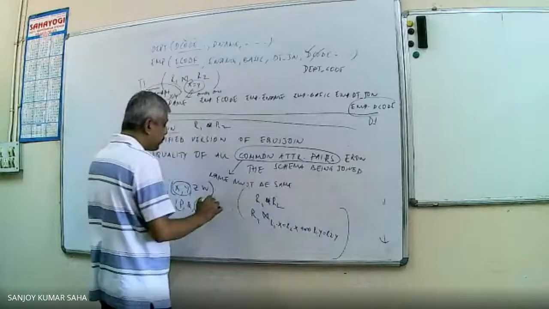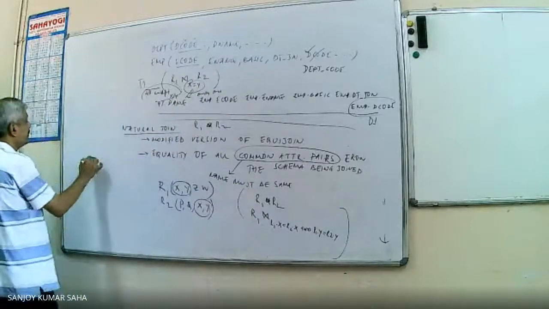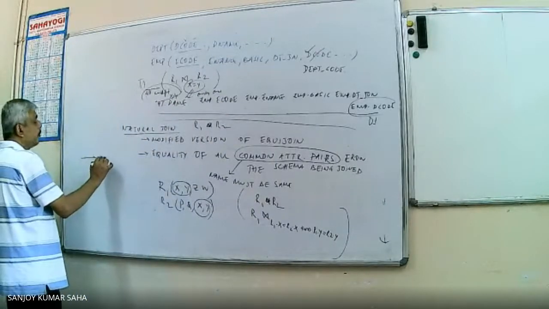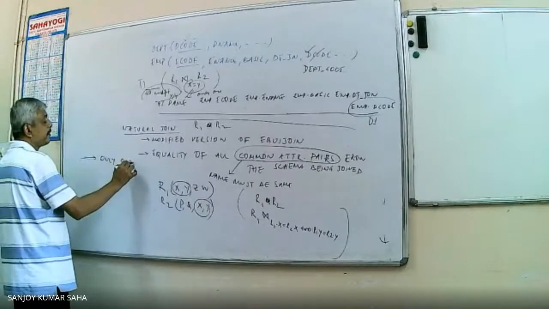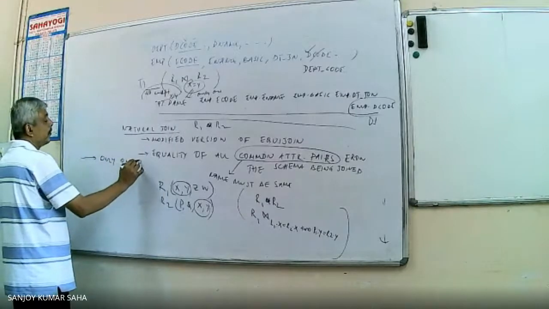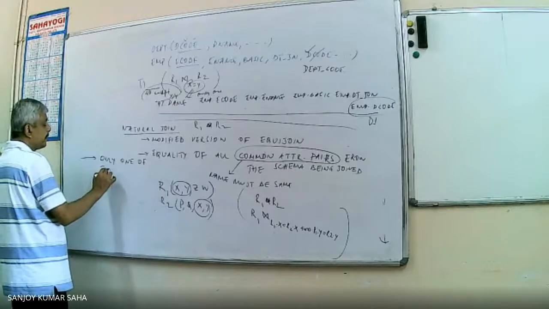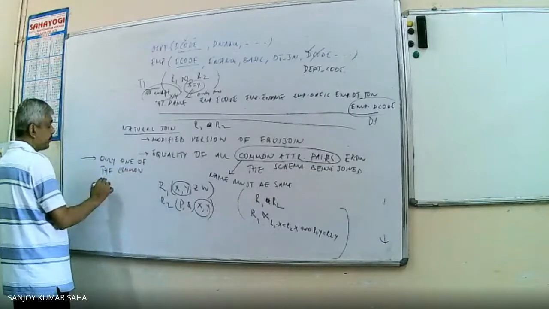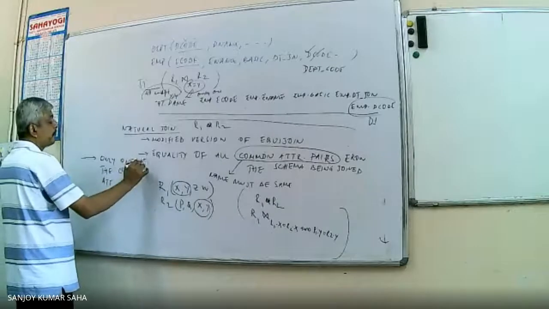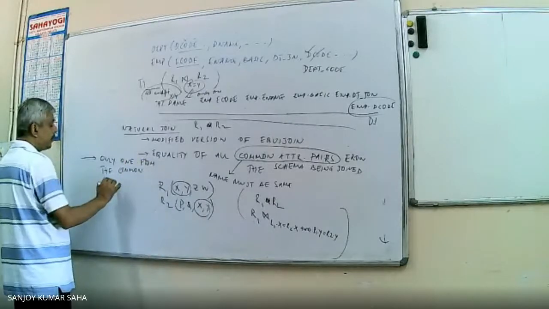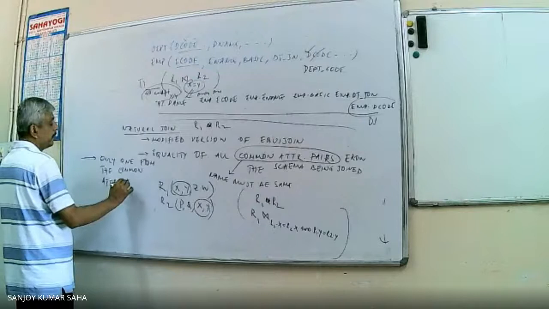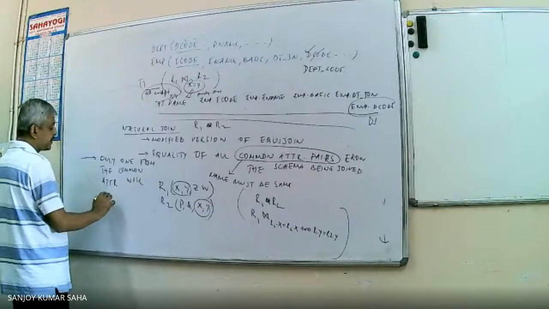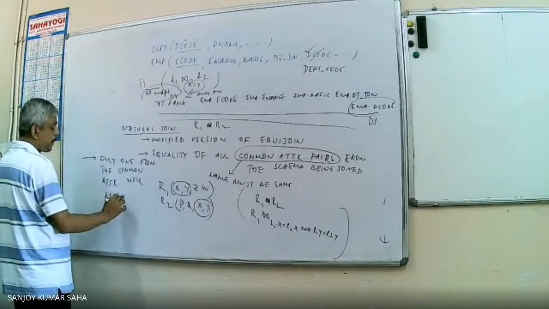And finally there will be a projection, because only one of the common attributes will appear in the output schema.